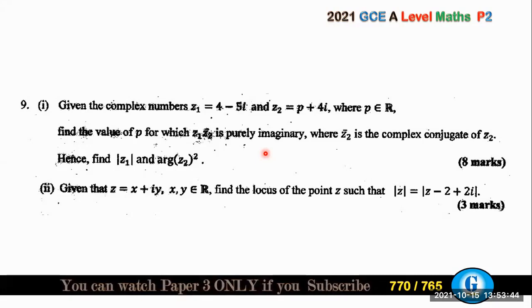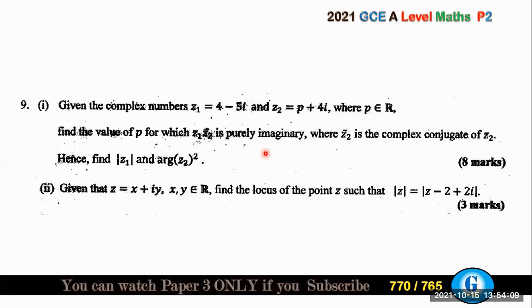So given these complex numbers z1 and z2, to find the value of p for which z1 times z2 bar is purely imaginary, what does that mean? If it is purely imaginary, it means that the real part is 0, because the complex number is just imaginary.